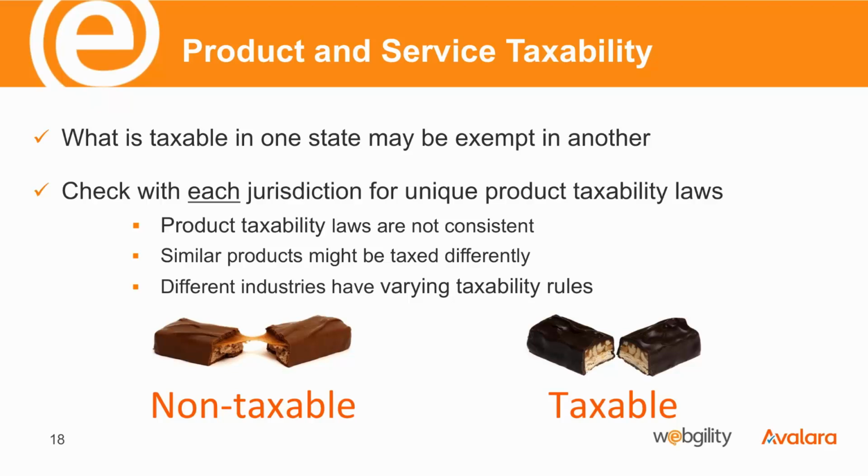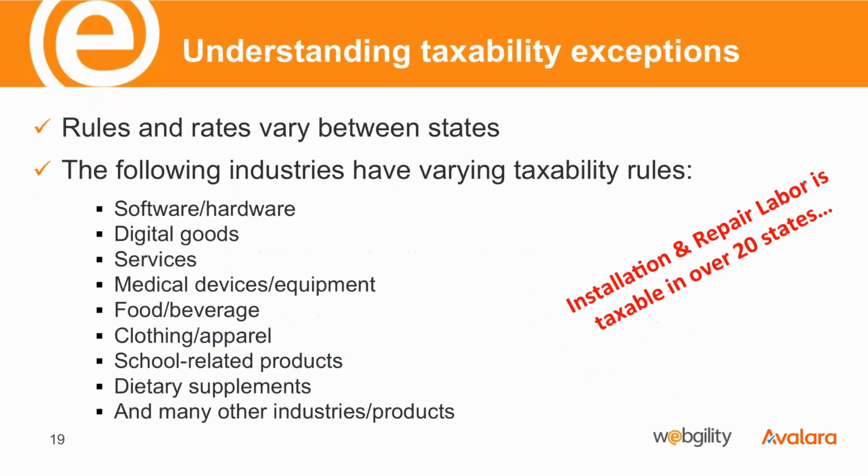Some really good examples here that you can see for varying taxability rules are in the area of software, hardware, and digital goods. Services is one of those areas that's very different from state to state, what services are taxed versus exempt. Unless you're a CPA or an attorney, they have great lobbies, so they're always exempt.